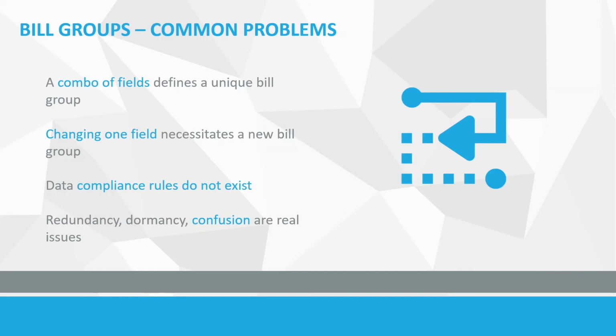Because of this, and because data compliance rules at large don't really exist out of the box, there are real issues around redundancy in bill group data, around missing bill group data, and confusion for people who are trying to associate matters during intake to bill groups, so that the billing process and the collections process can seamlessly interact with new business intake.